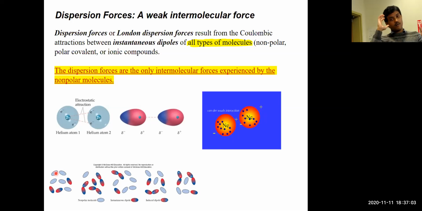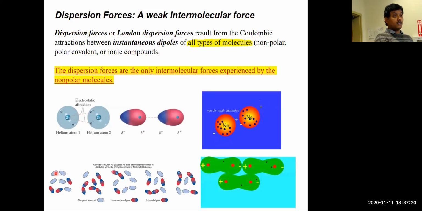So the electron heavy side will reach out to the electron less side of another molecule. As a result, they instantaneously create a dipole, and they have this interaction between them. So as a result, we observe these London dispersion forces.